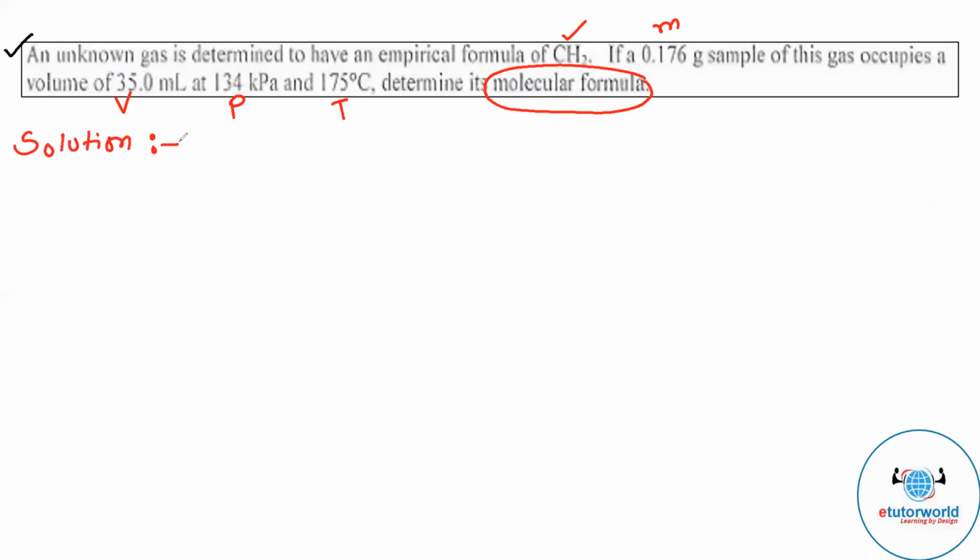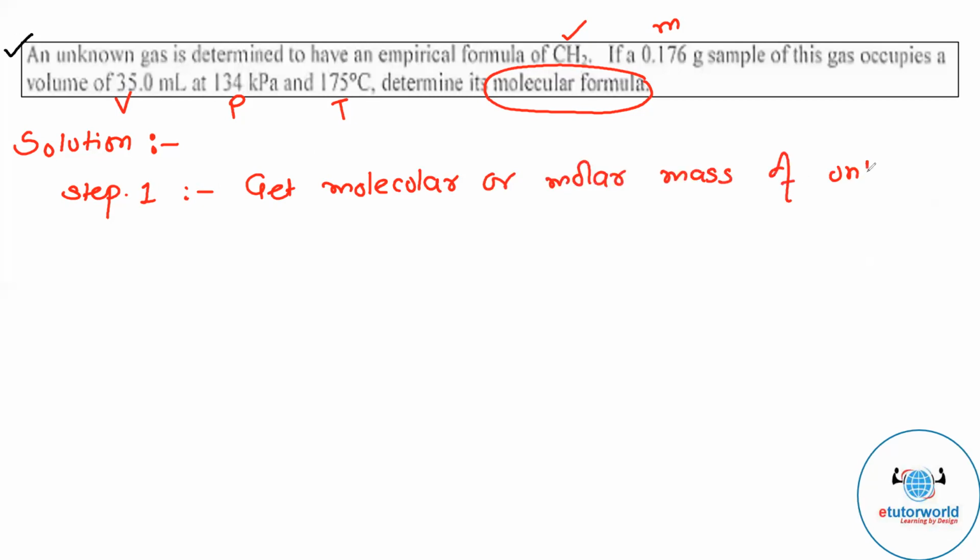The first thing, Aditi, you will do here, that is step 1: get the molecular or molar mass of the unknown gas. How are you going to get the molecular mass?